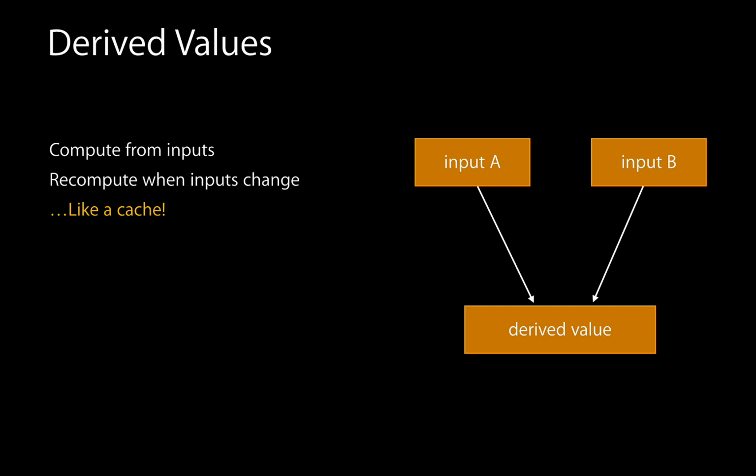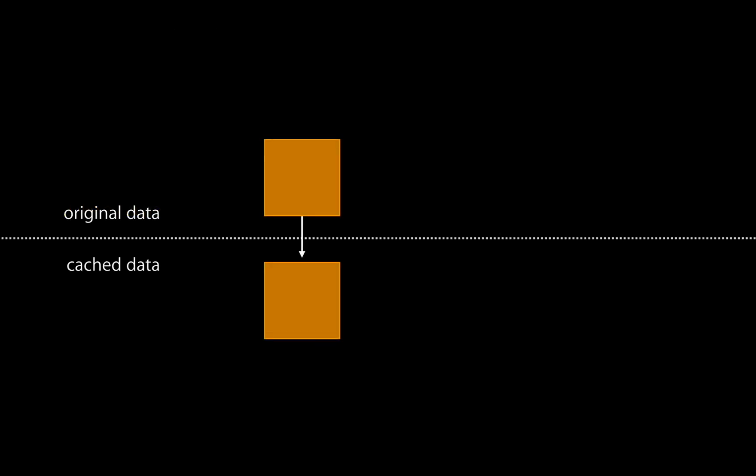And I propose to you that everywhere in your program where you have something like a character count, which seems like a very straightforward thing, it's just a value derived from another value, all of those things have many of the same properties of a cache, which means that they're subject to the same problems that a cache has as well.